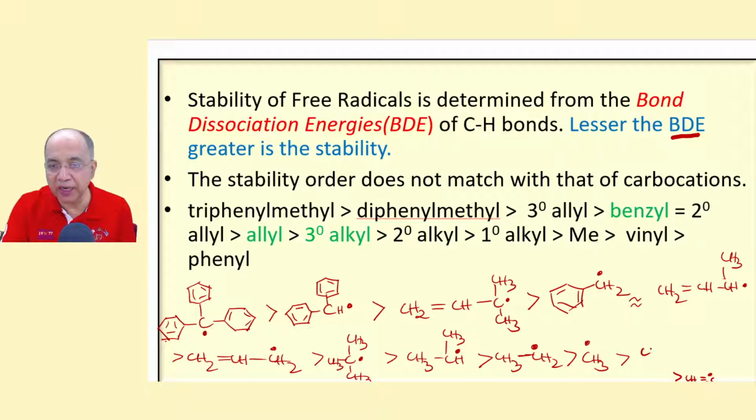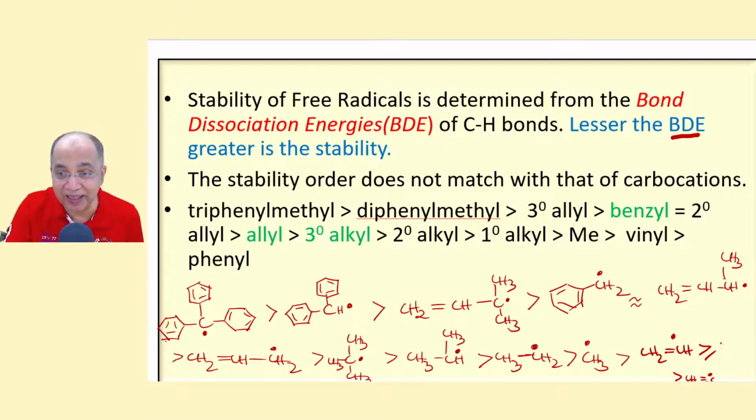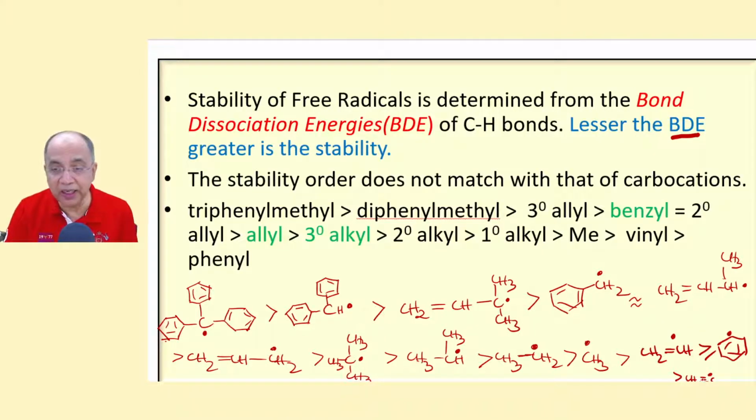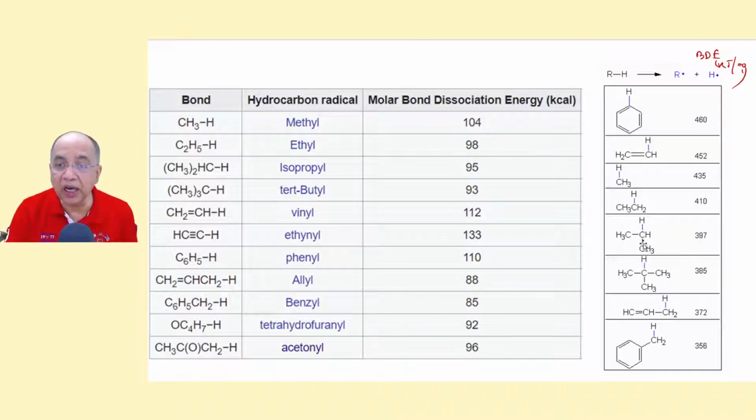My veto power is mine. I will keep this order, and I will rather say greater than or equal to. I will be diplomatic about this. Although in one literature the BDE data says that vinyl is more stable than phenyl, here it is saying vinyl is less stable than phenyl. I accept this data. Finally everyone is unanimous on ethynyl, the triple bond, 133.